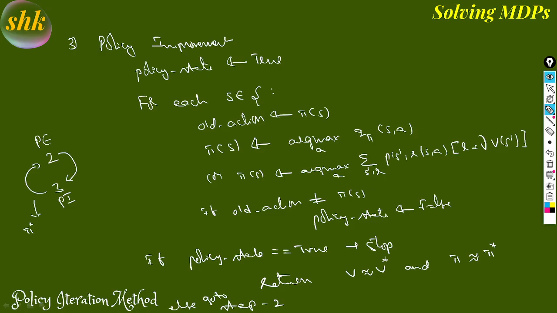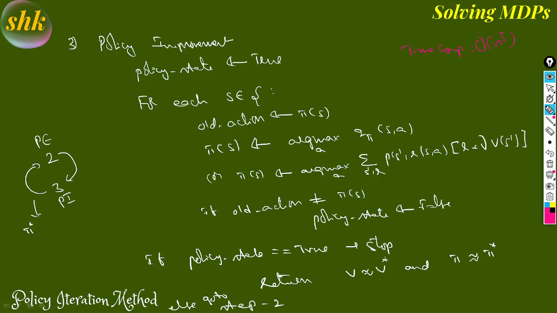It has three steps: first we do initialization, and then two loops. One is policy evaluation, another is policy improvement. This policy iteration will take a large number of iterations, and the time complexity is O of n cubed, where n is the number of states.